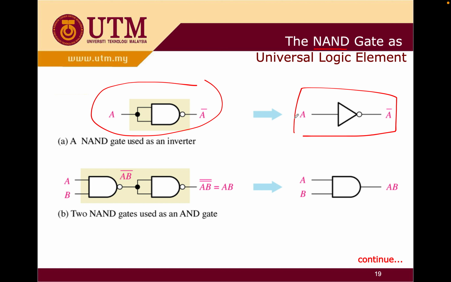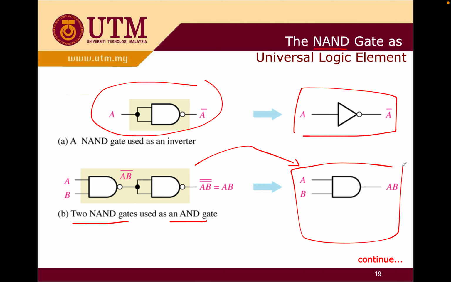Next, when you have two NAND gates and you combine them together, you can get the similarity of one AND gate. You have one NAND gate, two NAND gates, and you can see they are combined together.